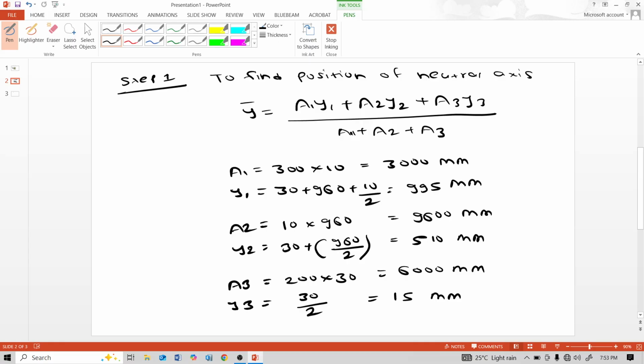Therefore, 3000 multiplied by 995 plus 9600 multiplied by 510 plus 6000 multiplied by 15 divided by 3000 plus 6000 plus 9600. 428.54 mm is position of neutral axis from bottom tensile fiber.